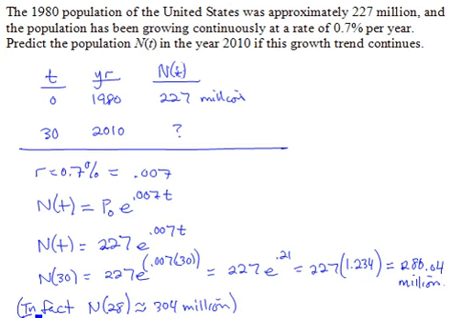And so this problem said if this growth trend continues, it turns out that the growth trend was a little bit higher than a 0.7% growth rate per year. But that's not uncommon for data that was extrapolated out into the future. Those predictions are notoriously difficult to get dead on.